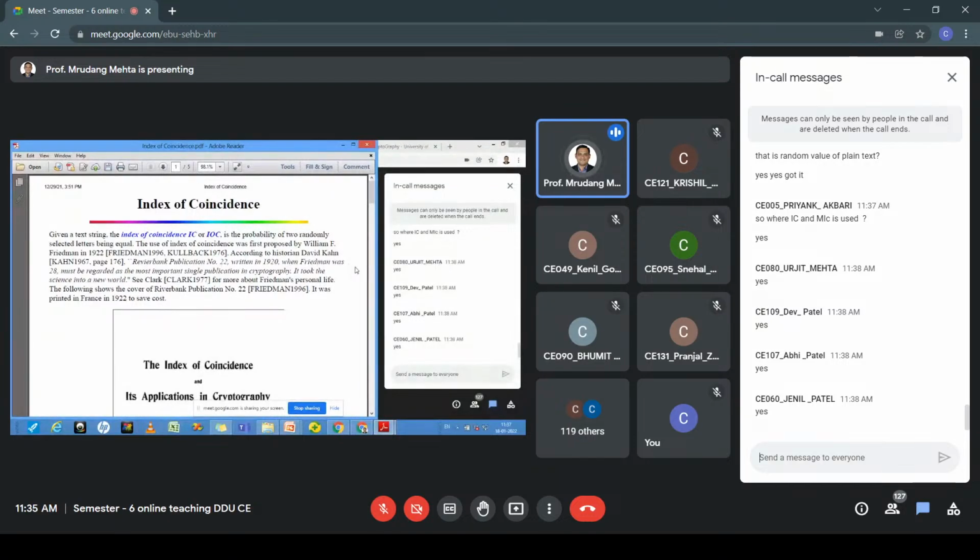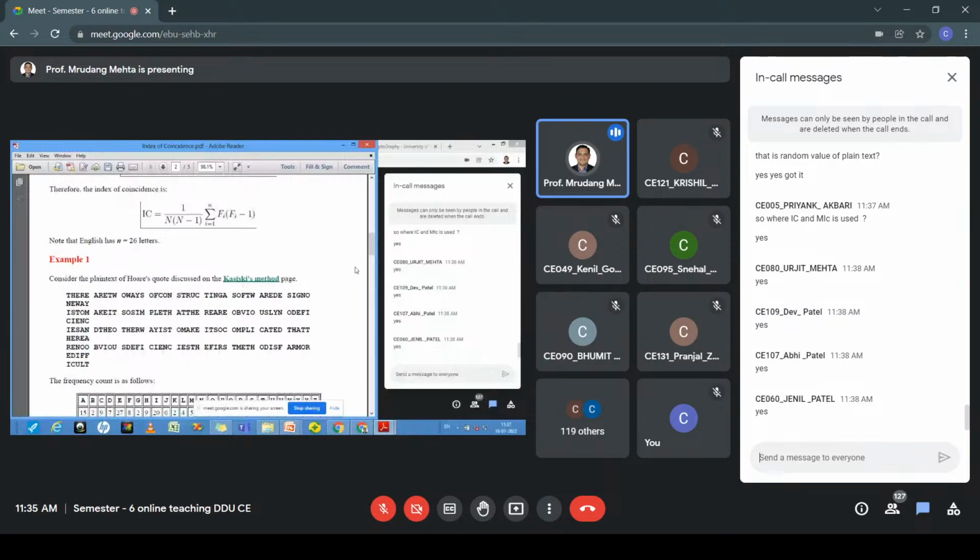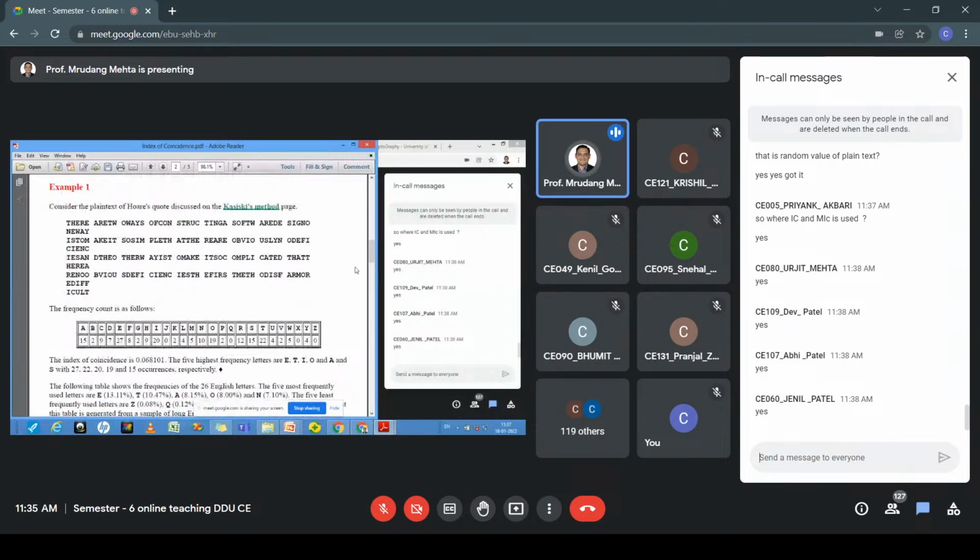And this I had shown you in the first sessional also. Now, as you found, it is very difficult, right? Even if we know the key length, we will not be able to guess the correct word. So let us see this example.